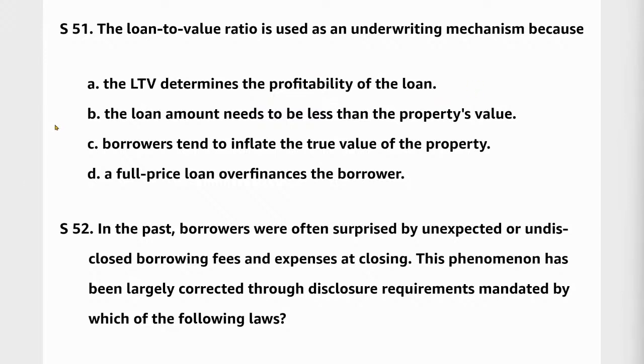B, the loan amount needs to be less than the property's value. C, borrowers tend to inflate the true value of the property. Or D, a full price loan overfinances the borrower. So what is the loan to value ratio that is used as an underwriting mechanism? Why is it used?